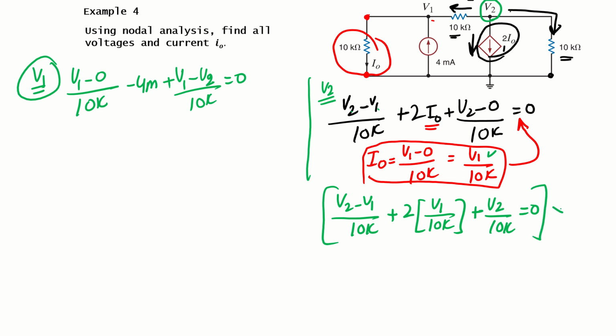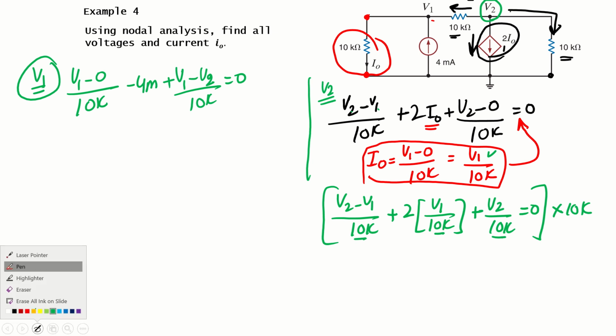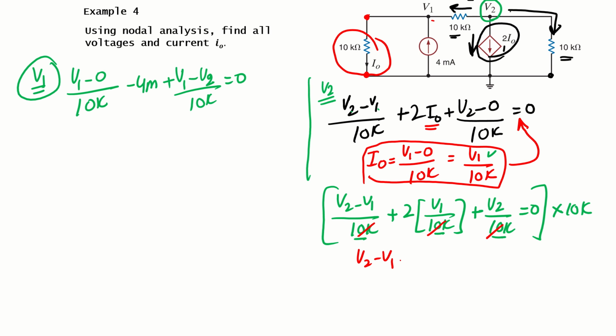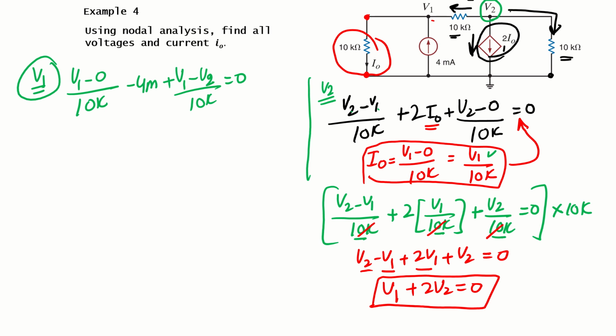We multiply with the lowest common multiple of the denominators, 10k. The 10k will be cancelled. So I have V2 minus V1, plus 2 times V1, plus V2 equal to 0. Let's rearrange it. Minus V1 plus 2V1 becomes V1, and V2 plus V2 becomes 2 times V2, equal to 0. So we have our equation for node 2 in simplified form. Let's label this as equation 2.